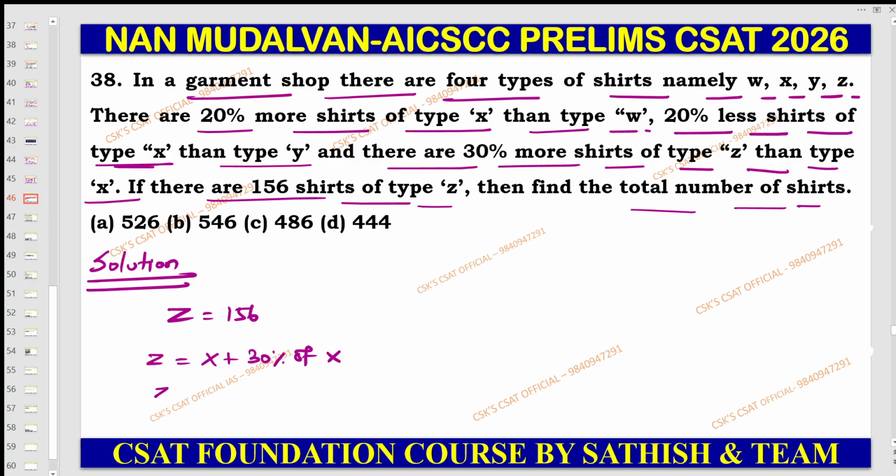So Z, you know, is 156, which is equal to 130 by 100 of X. So therefore the 0s you can cancel. If you cancel, this is nothing but 12 times. Cross multiply. So X is equal to 12 into 10, which becomes 120. Right. So you know the value of X.